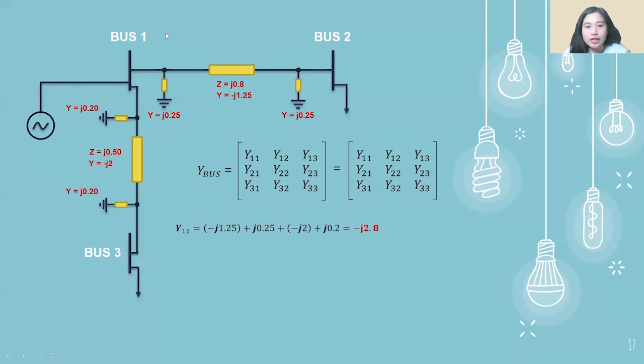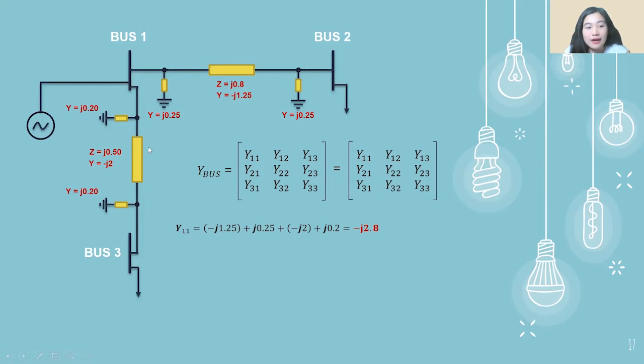Okay, so starting off with bus 1, we have the admittance connected in bus 1 and bus 2. We have negative J1.25 added with our shunt admittance J0.25, added to another connection between bus 1 and bus 3, which is negative J2 plus another shunt admittance, which is J0.20, which is equivalent to negative J2.8.